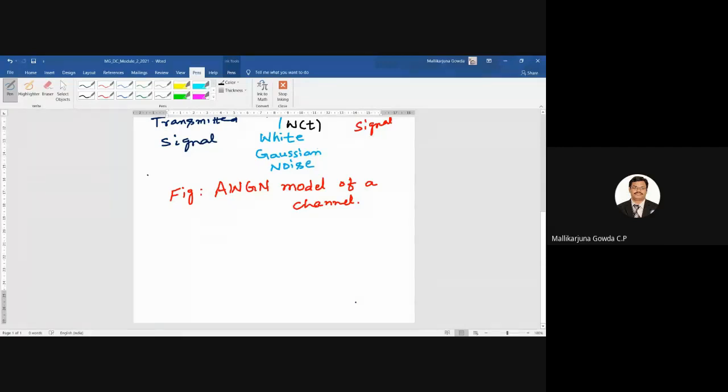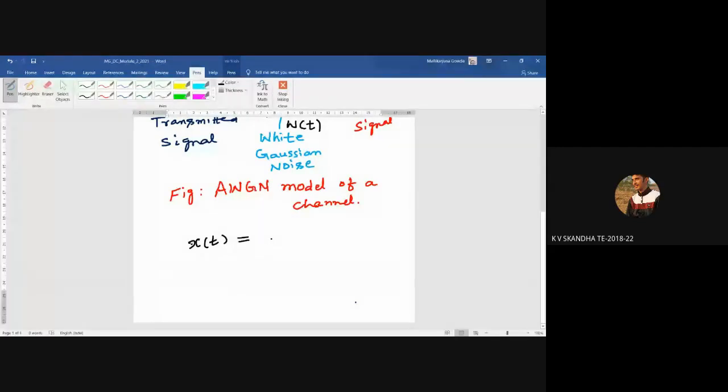So how do I define that received signal x of t? In accordance with the above diagram, that is based on the additive white Gaussian noise model, I can write x of t is equal to. Can anyone of you say what I can write? X of t is equal to.